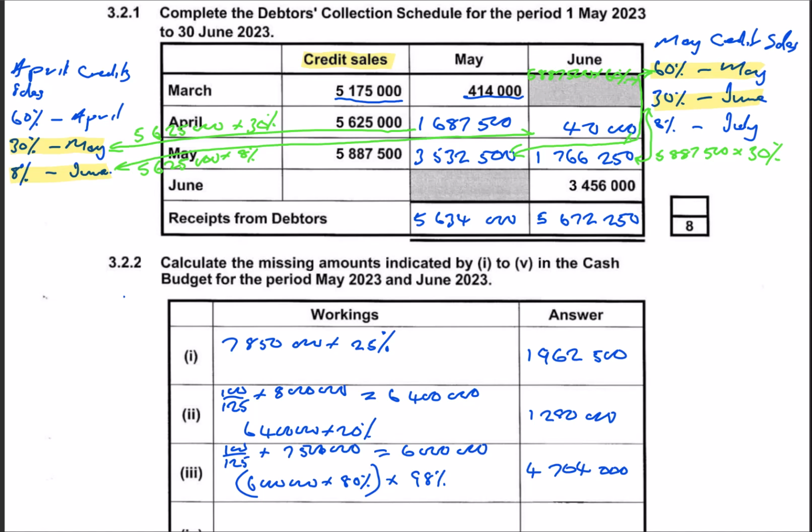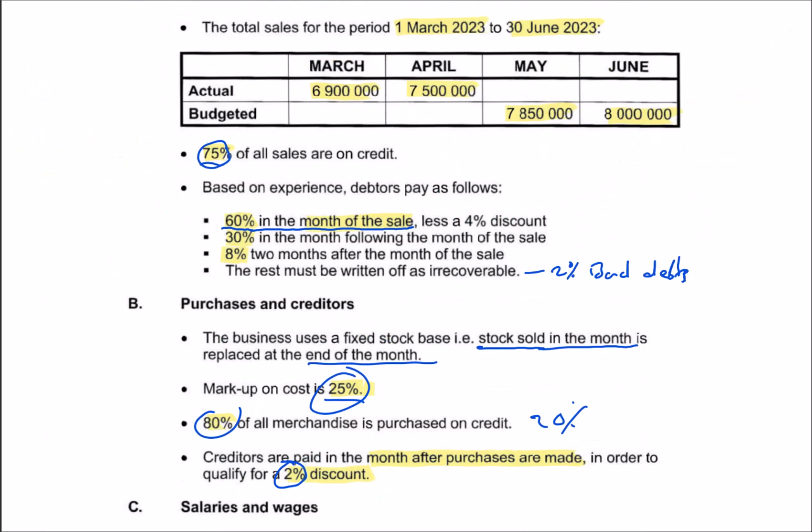So what you're looking at here, this 98% comes from this 2% discount. Because they're saying if they pay in the month after purchases are made, they qualify for a 2% discount. So we're calculating the April credit purchases that are paid in May.